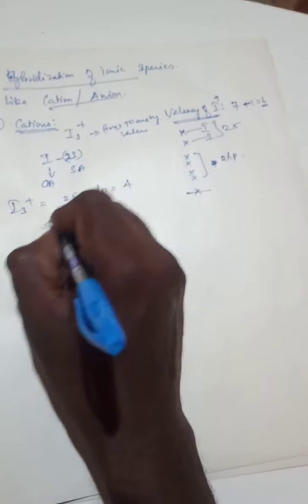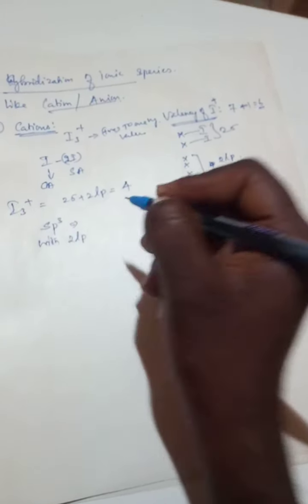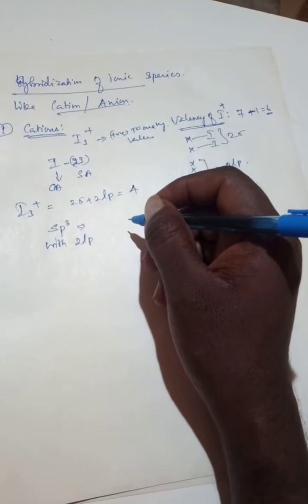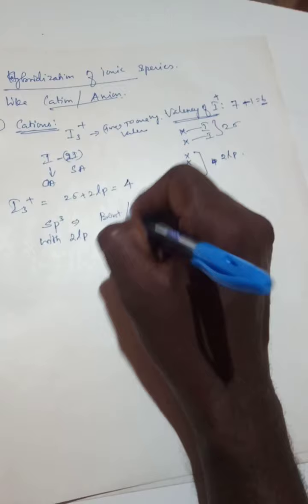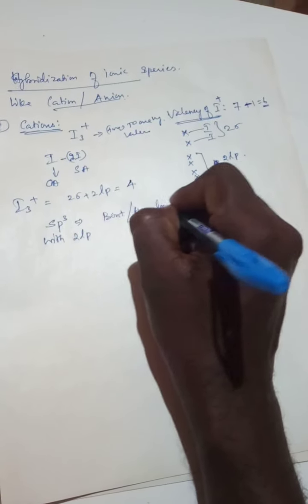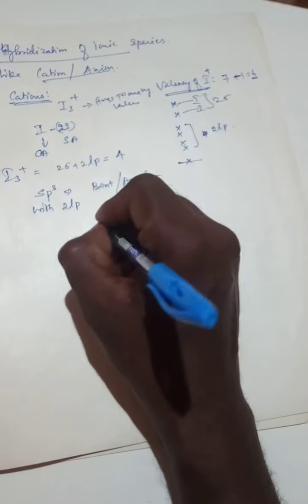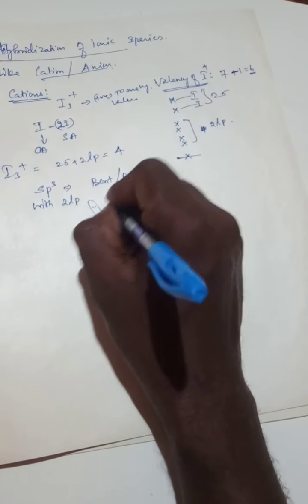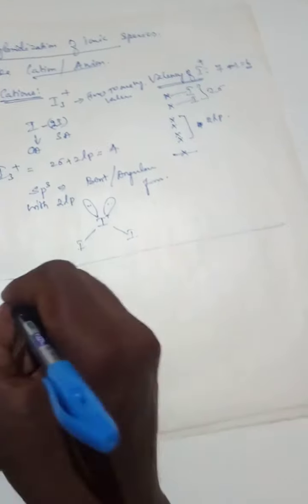The 4 means sp3 hybridization with 2 lone pairs. Most such compounds become bent or angular in form.